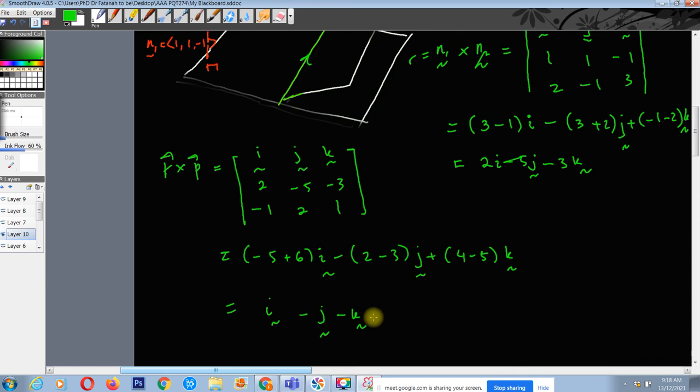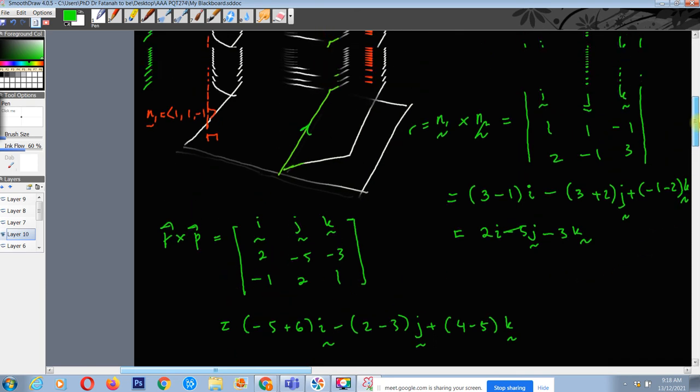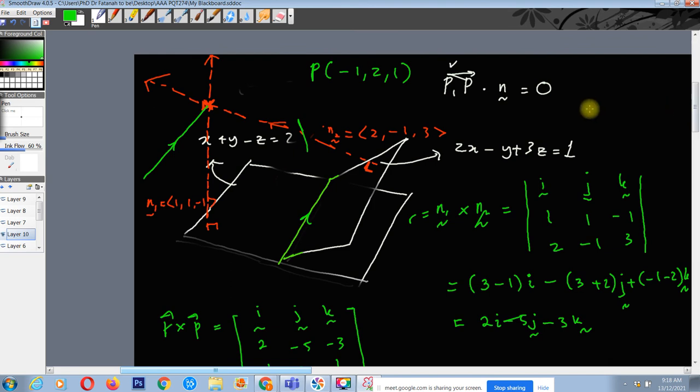How to get the normal of this? Find the equation of the plane that passes through the line of intersection of the planes.